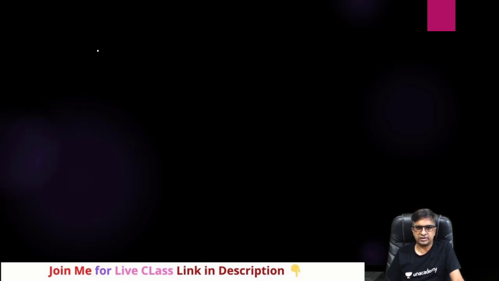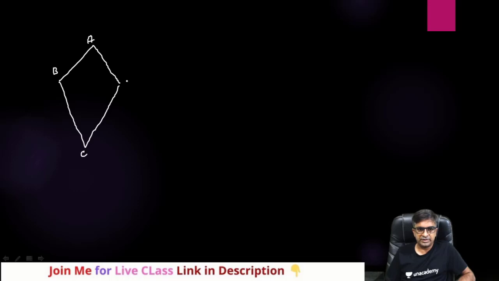And the last figure, that is kite. This is not so important because the properties are not properly arranged, you can say. Let me tell you. Here the properties are very different. In previous figures properties were matching, that all sides are equal or opposite sides are equal, but here we cannot directly say.